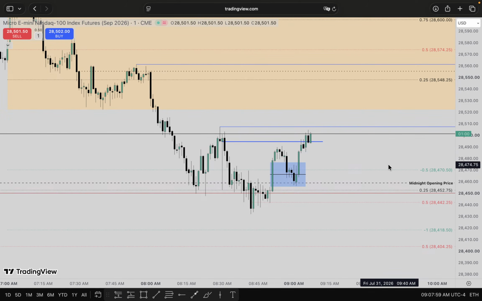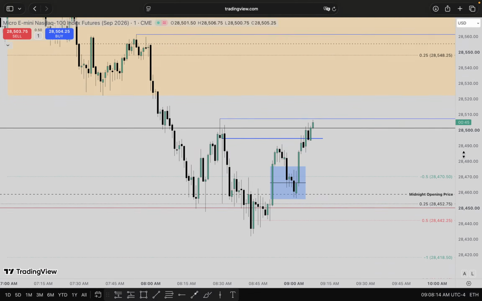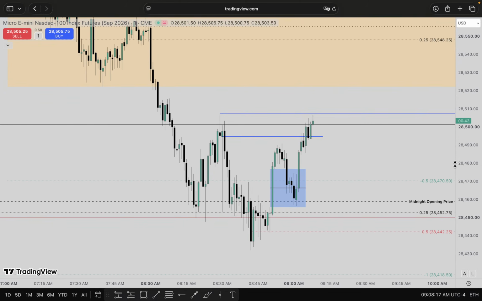Trying not to rush this because I'm seeing that it's not really being impulsive no more. This needs to take out the high sooner than later. It's just being weird. And this is the kind of price action I didn't want to be a part of. Yeah, I could have probably gone break even, but I just don't want to include bad habits if we haven't closed above it just yet.